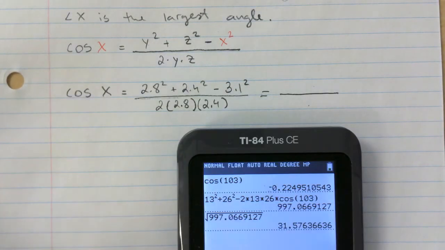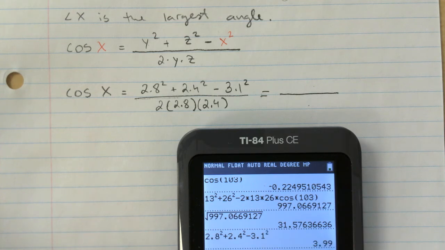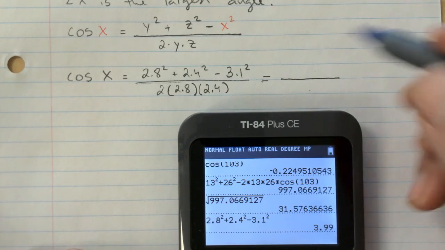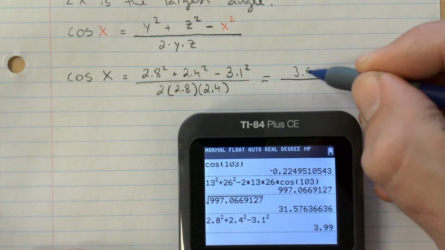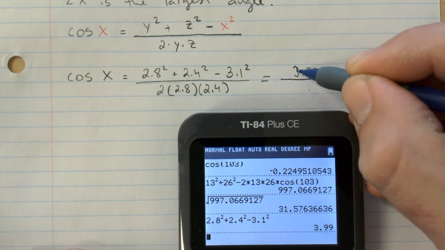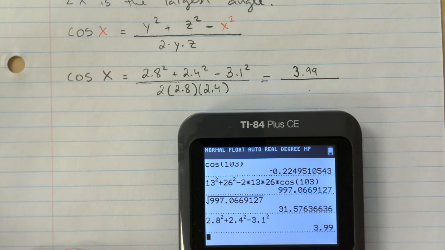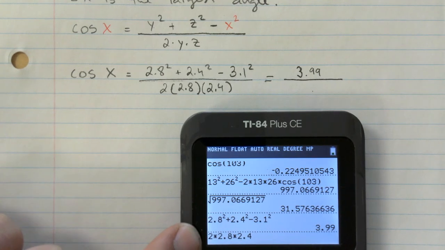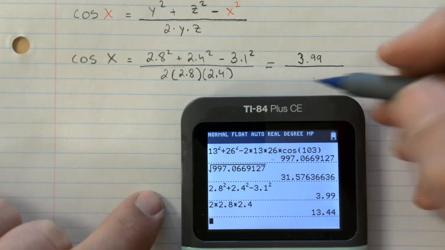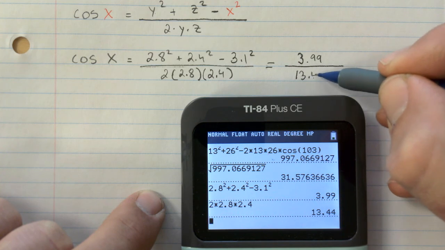Right, you go 2.8 squared plus 2.4 squared minus 3.1 squared. It equals, and that's 3.99. Most of the time you'll have a maximum of 4 decimal places. 2 times 2.8 times 2.4 for the denominator, and that's 13.44.